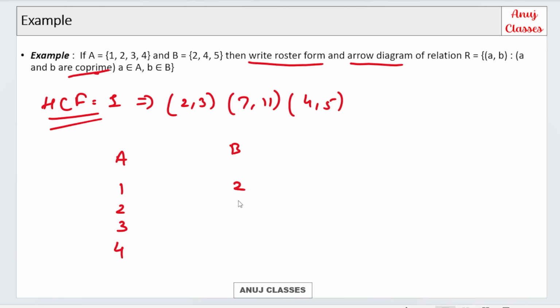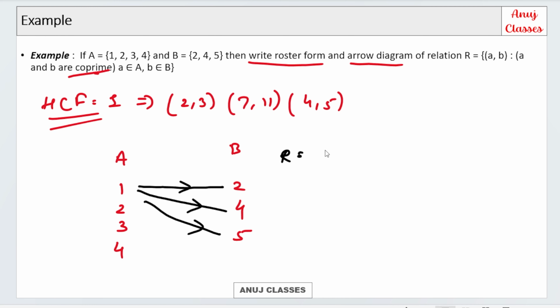For B we have 2, 4 and 5. So for 1 of course we'll have (1, 2), (1, 4), (1, 5). Like that it will go on, and for 2 also we'll have (2, 5). So I will just briefly write what the relation will be in this case.